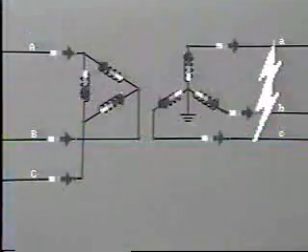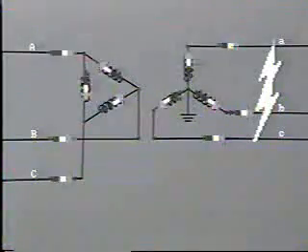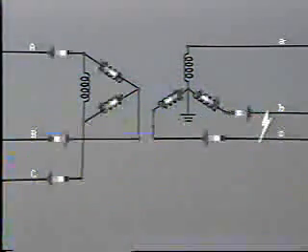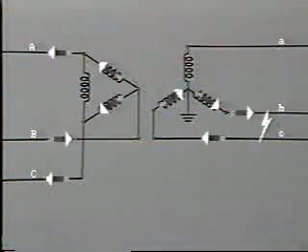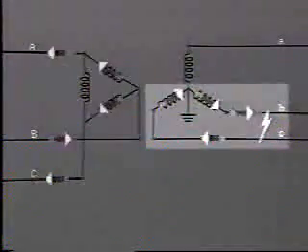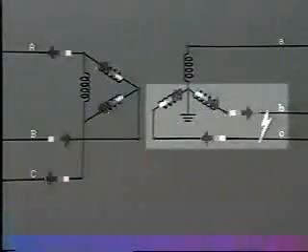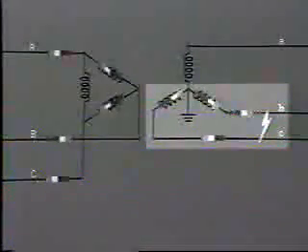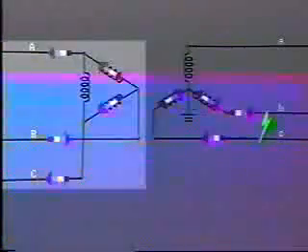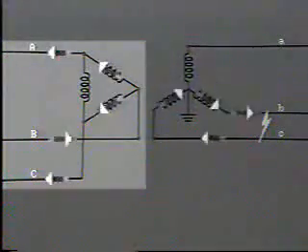If a three-phase short circuit occurs downstream of the secondary, heavy fault current will flow through all three phases of the primary winding. In the case of a phase-to-phase fault on the secondary, in this example between lines B and C, then heavy fault current will circulate in the secondary B and C phase windings, and likewise, heavy current will flow through the associated windings on the primary.